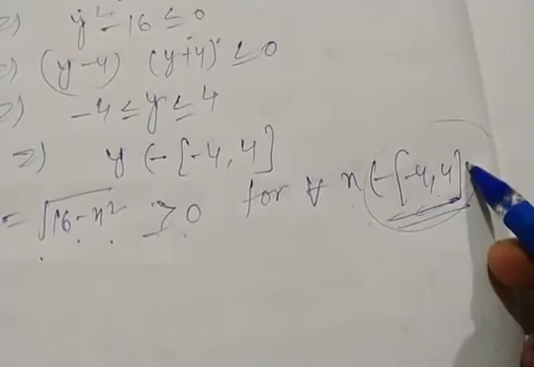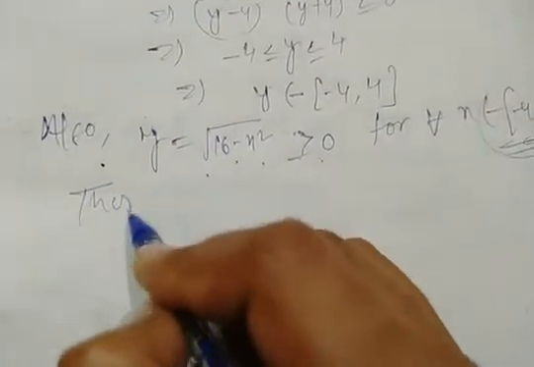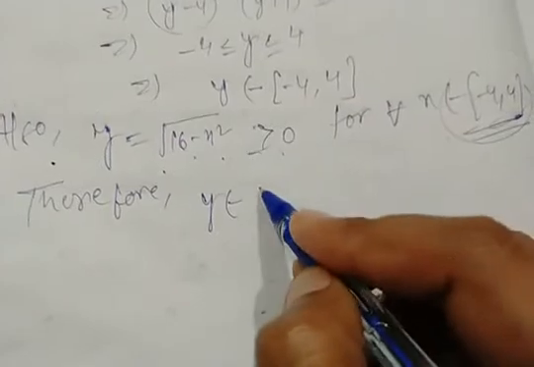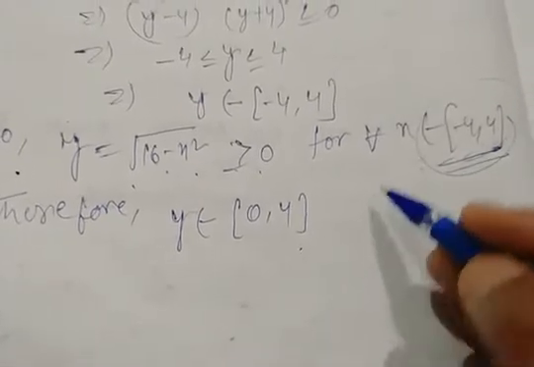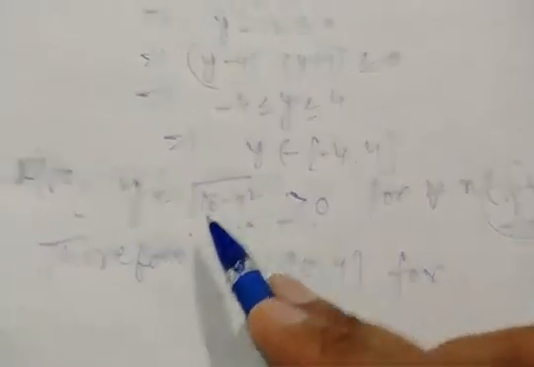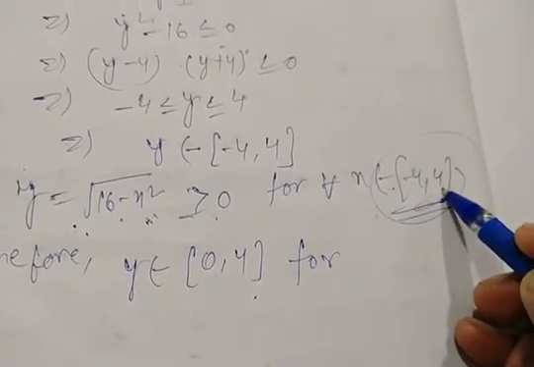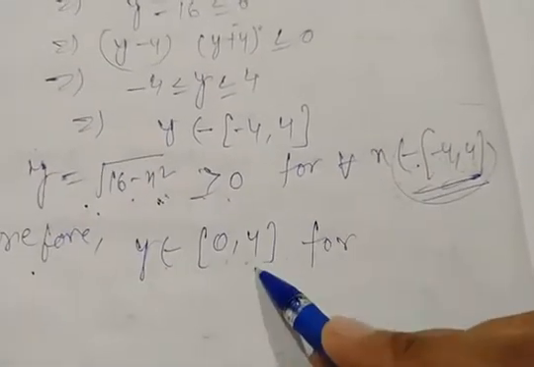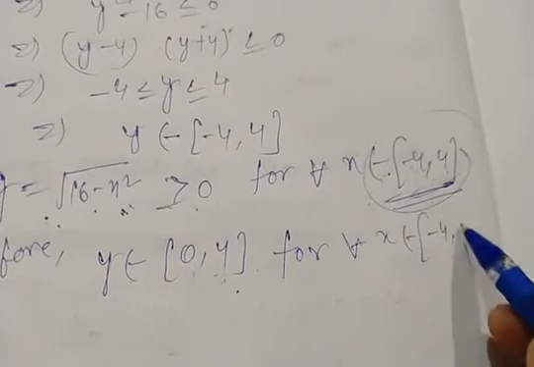Also y is equal to under root 16 minus x square is greater than or equal to 0 for all x in its domain. Therefore y belongs to 0 comma 4, real and greater than or equal to 0 for all x belonging to minus 4 to 4. So y belongs to the closed interval 0 comma 4 for all x belonging to minus 4 to 4.